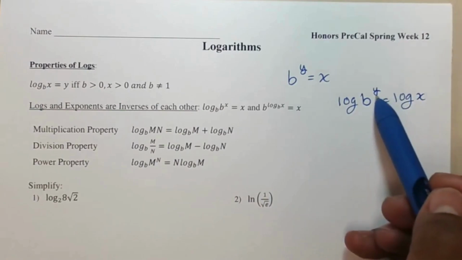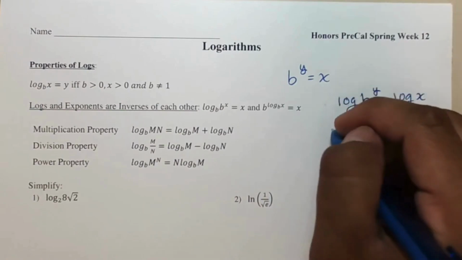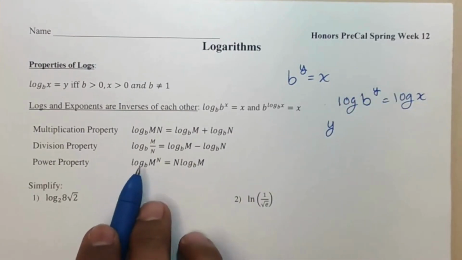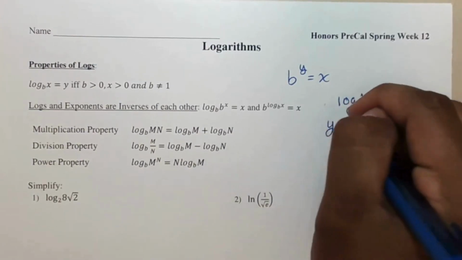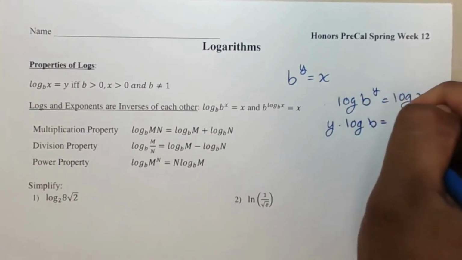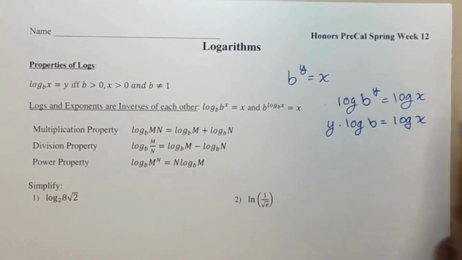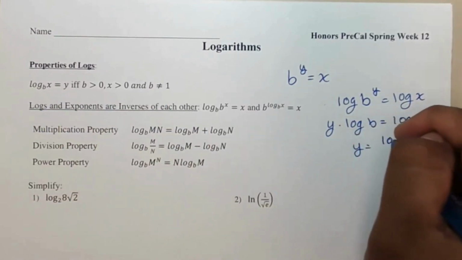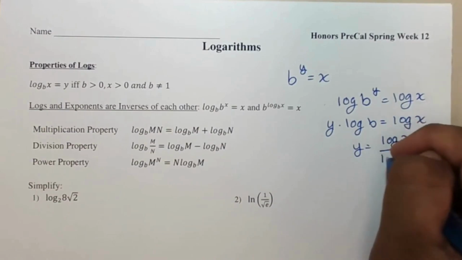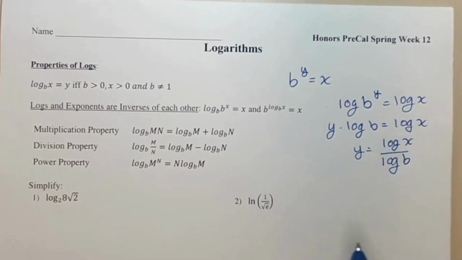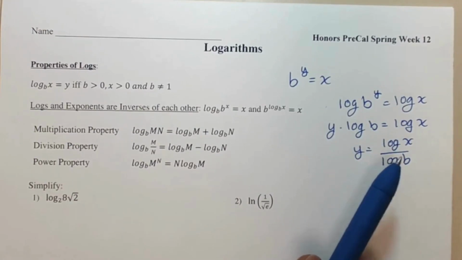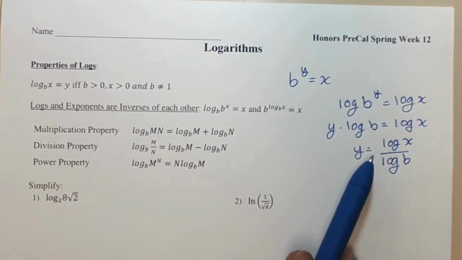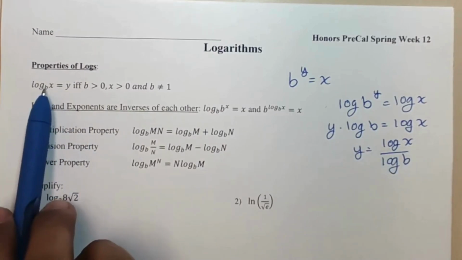What that helps me do is that the exponent comes out in front, which is the power property. If we're solving this for y, you end up getting y equals log of x over log of b.